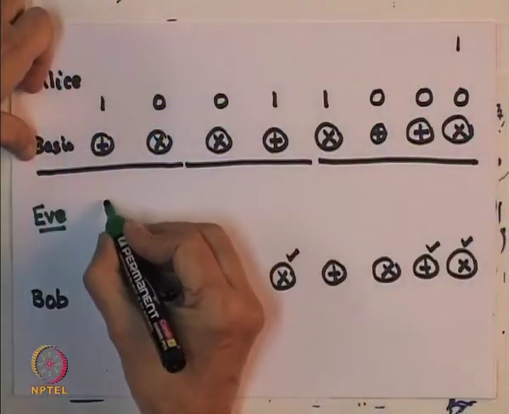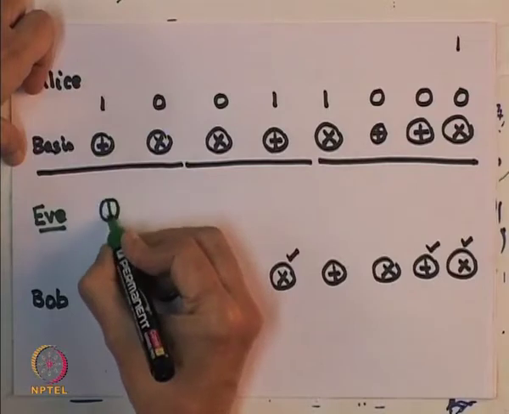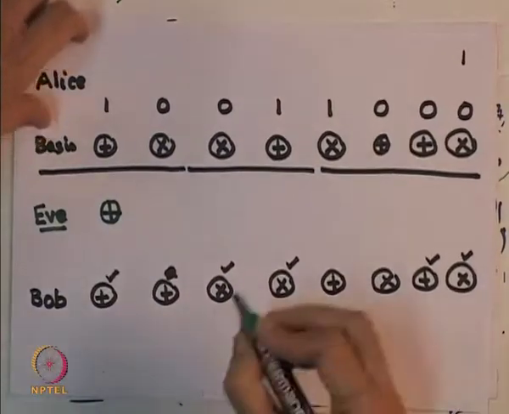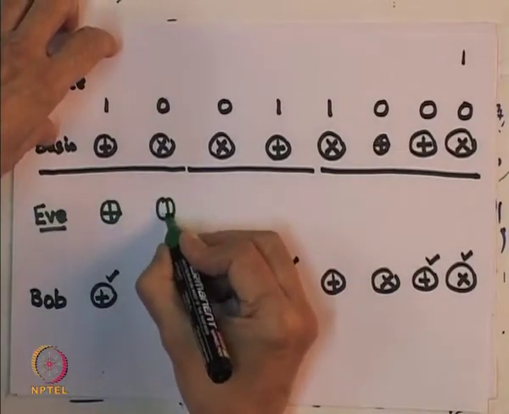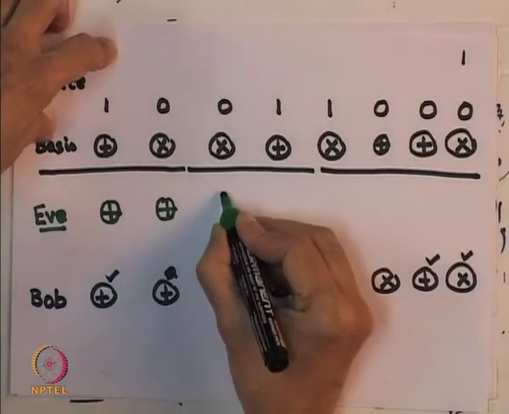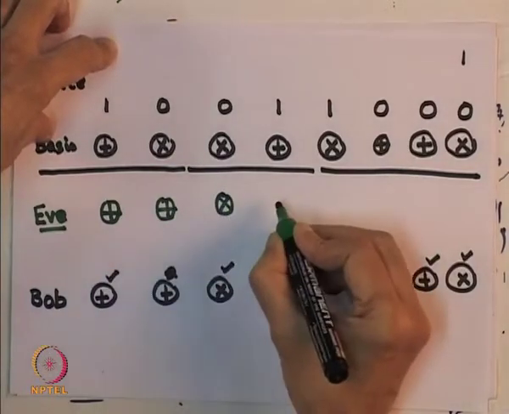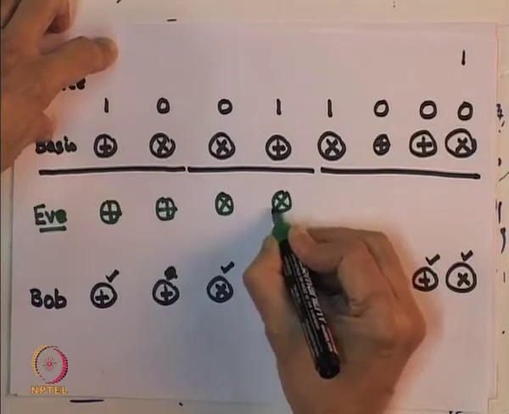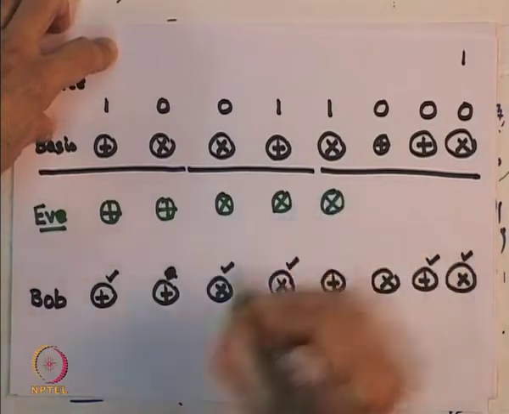So she will toss a coin and also send a sequence, but let us assume that her bases are these: plus, horizontal, vertical, horizontal, vertical. It's just a random sequence which you can work out.